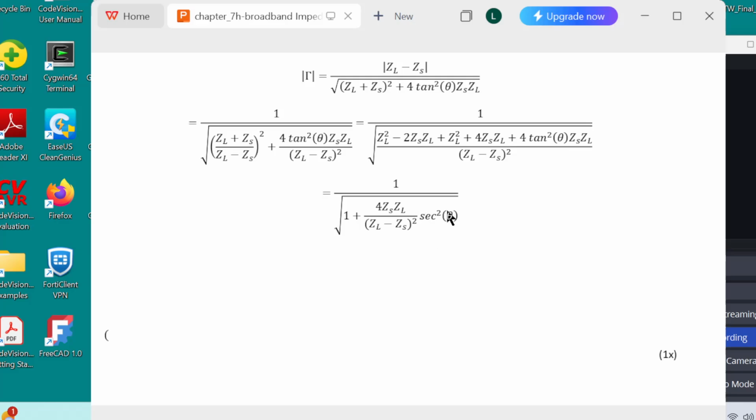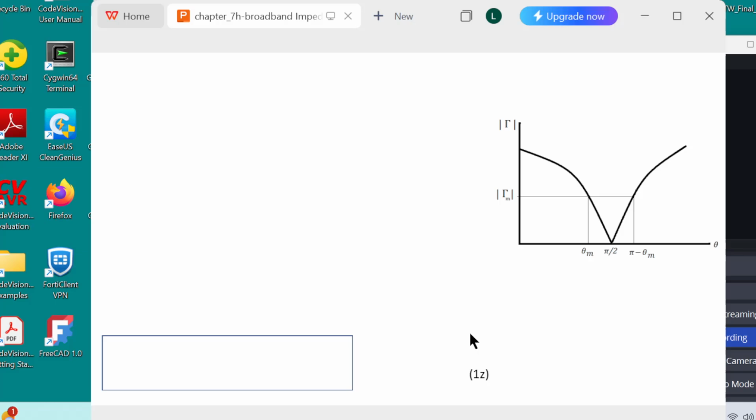And we can rearrange this equation in such a way that secant of theta L can be expressed as a function of the reflection coefficient. Okay, let's move on.